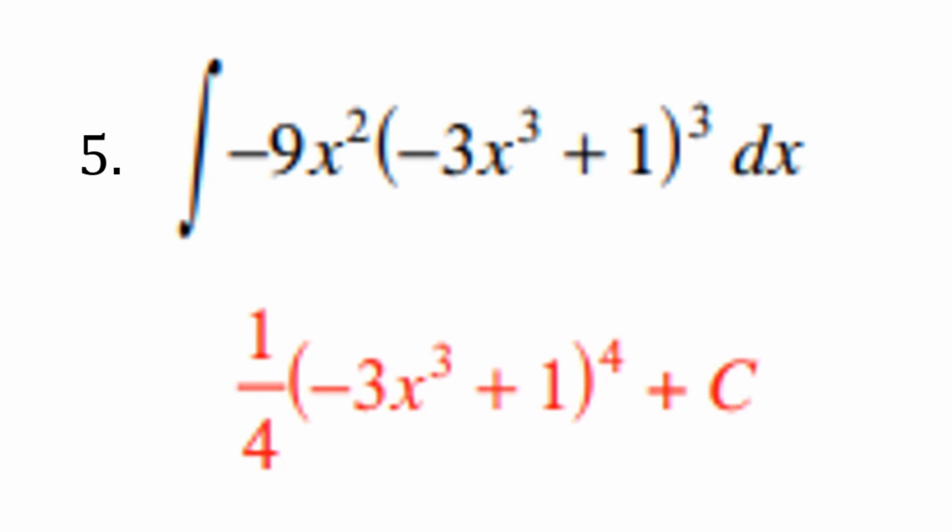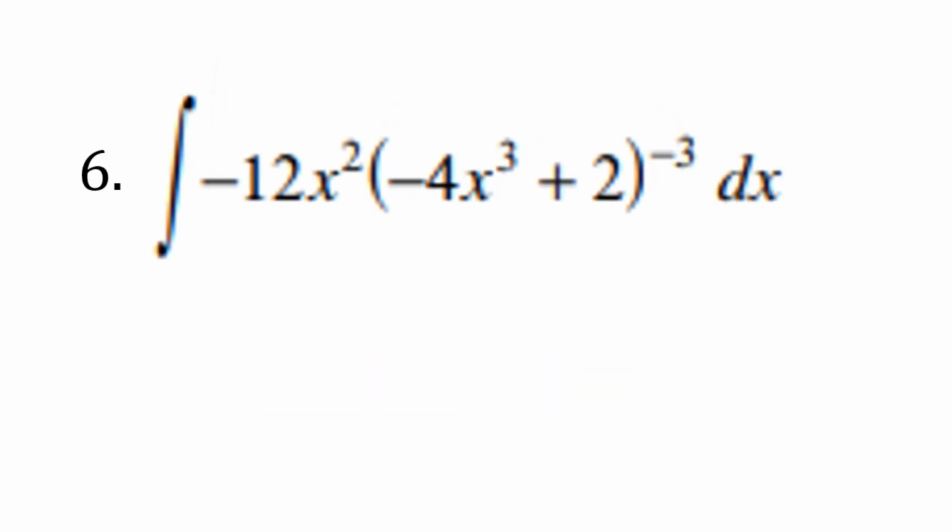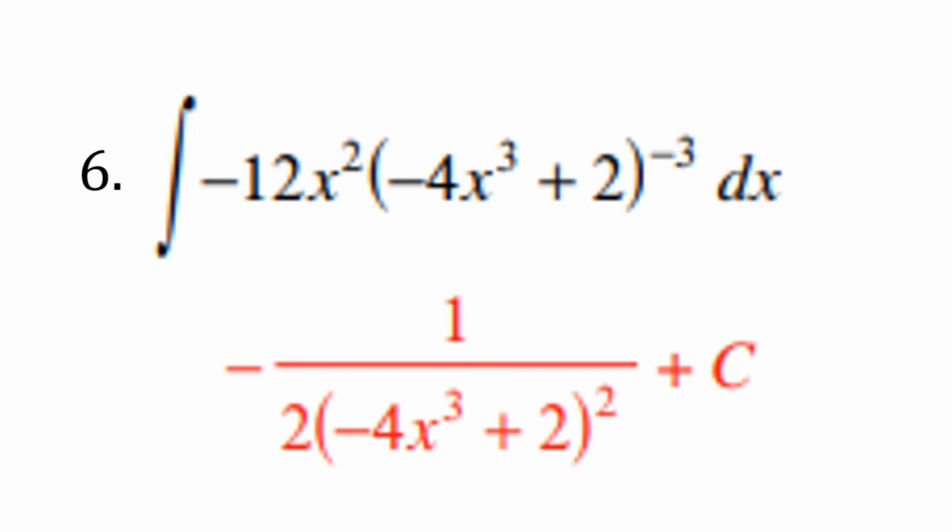So here's what you must do, okay? Try to answer this and then post the video after answering, and check if your answer is correct. If your answer is not correct, then try to solve it again. So number 6, the integral of negative 12x squared times (negative 4x cubed plus 2) raised to negative 3 dx.